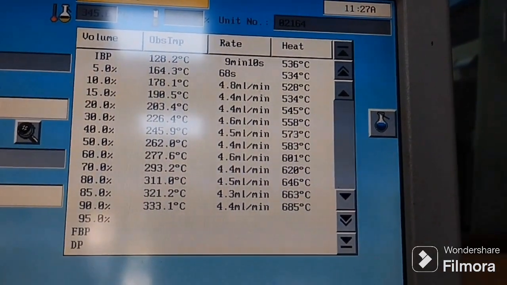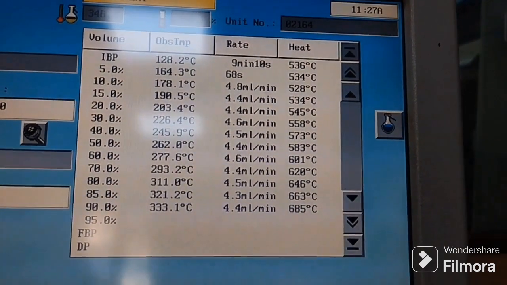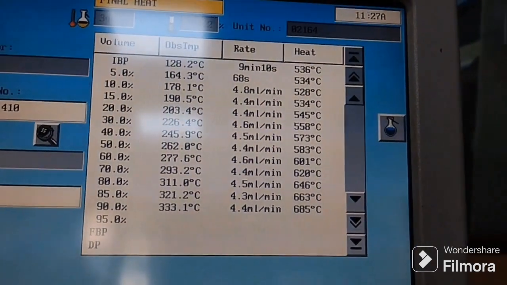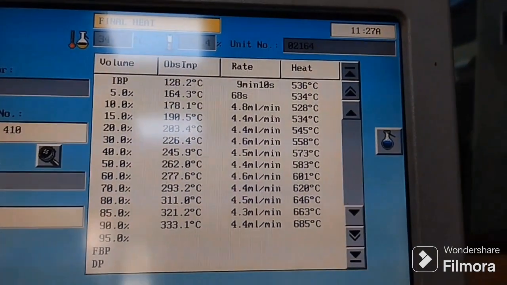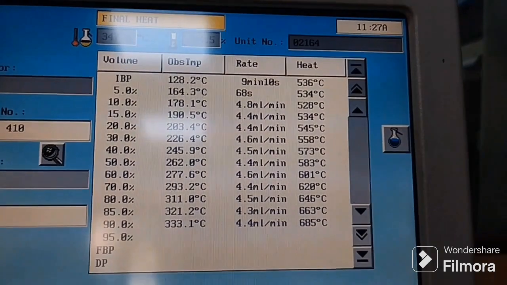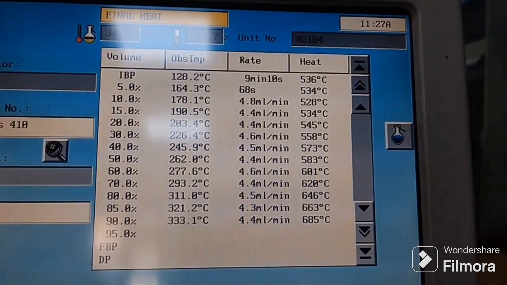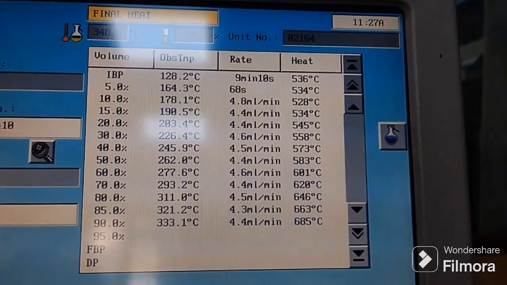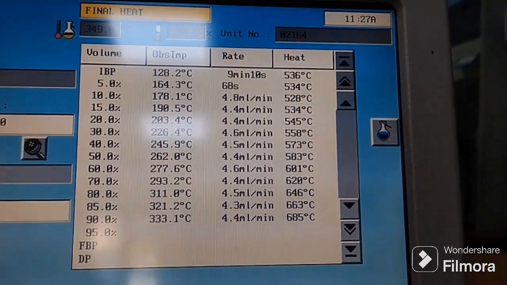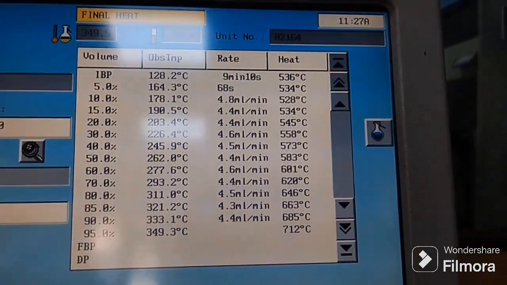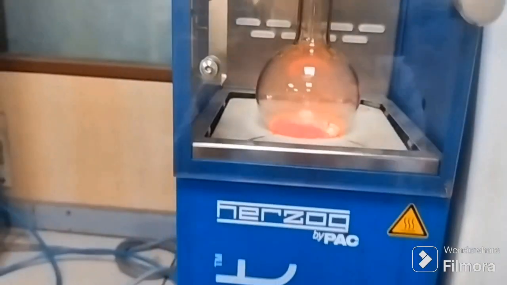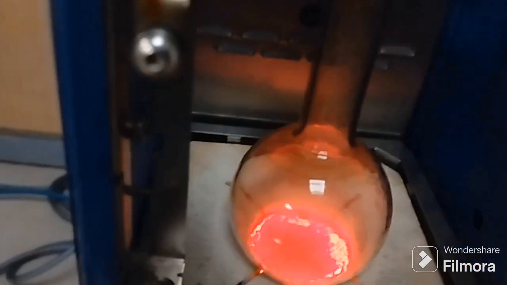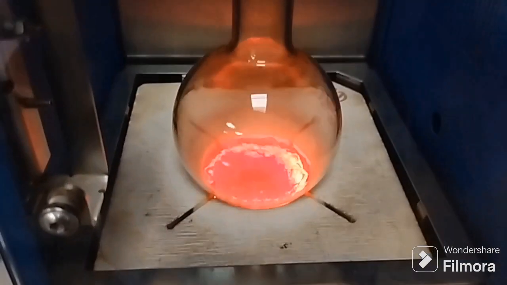The drop rate of that condensation into the cylindrical flask was 4.4 ml per minute, meaning in 1 minute it was dropping 4.4 ml. And this 685 degrees Celsius at 90% volume, where it's written heat, is the heater temperature beneath this base plate, right?